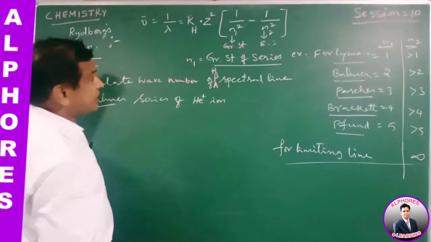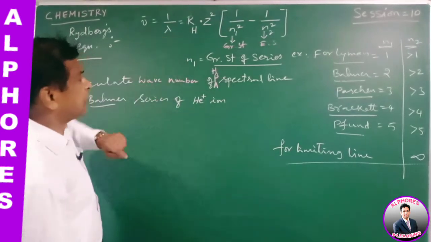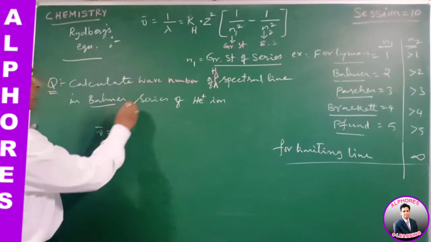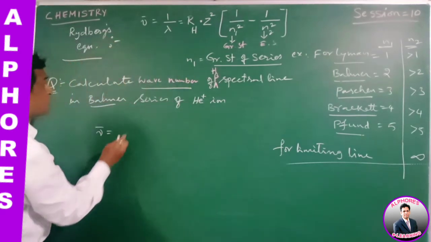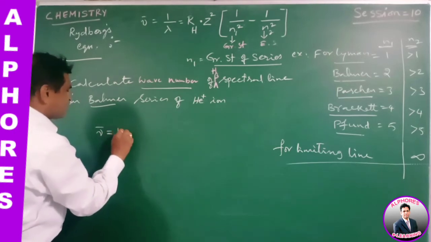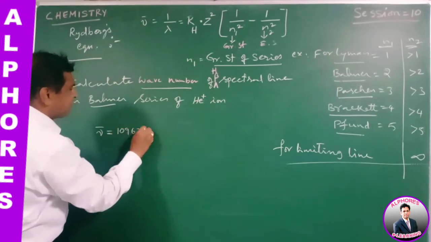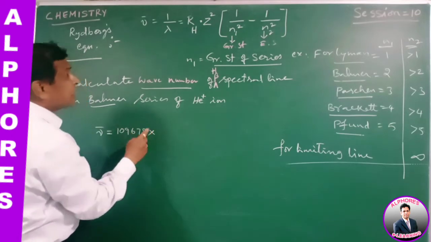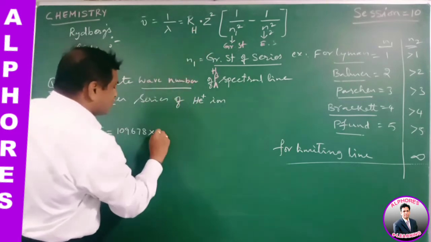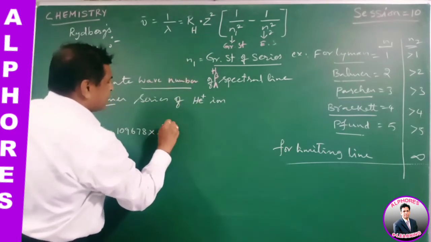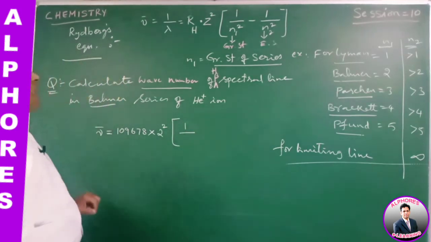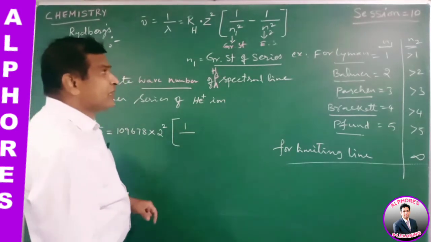We know the Rydberg's equation. Now the data: nu bar is equal to, you are calculating wave number, nu bar is equal to RH, that is Rydberg's constant, 109,678 into helium atomic number Z, that is 2 square, okay, should remember this, into 1 by, it is H beta spectral line in the Balmer series.